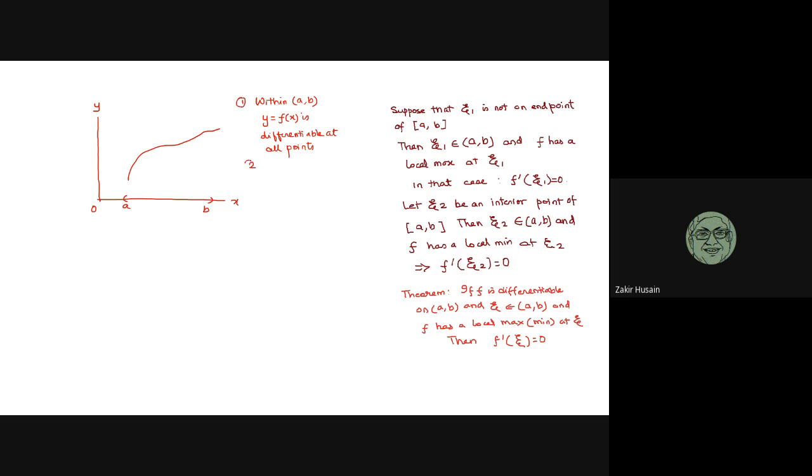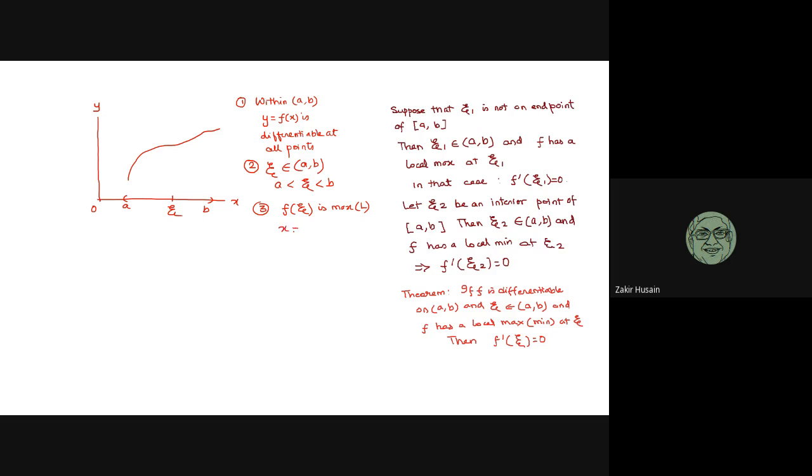The second condition is that you have a point x equal to psi, which belongs to this interval. So psi lies between a and b. It's an open interval, so it will be a strict inequality. And third is this: it is a local maximum.